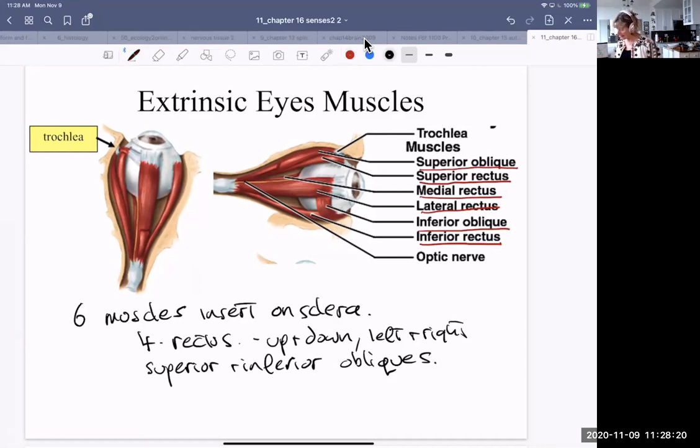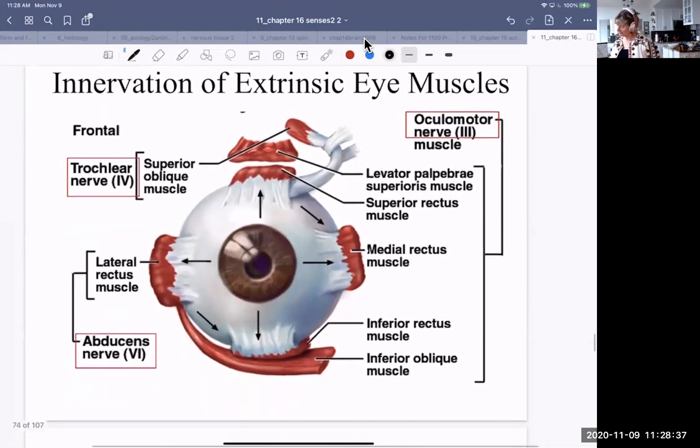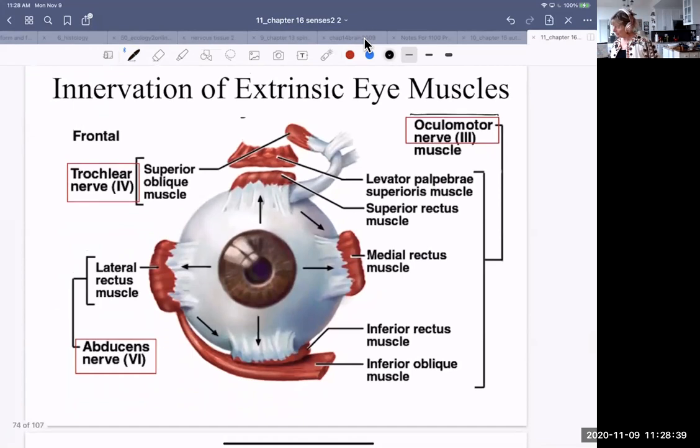And these muscles are innervated by cranial nerves, which are the oculomotor, trochlear, and abducens.